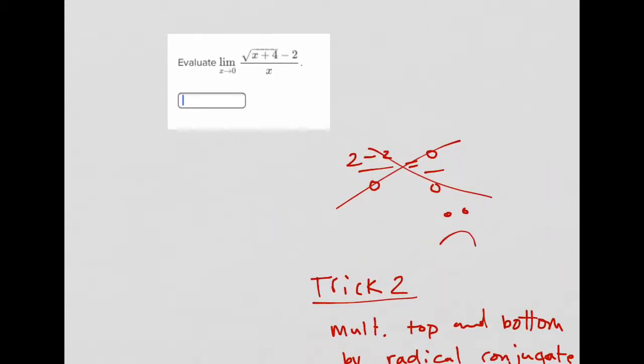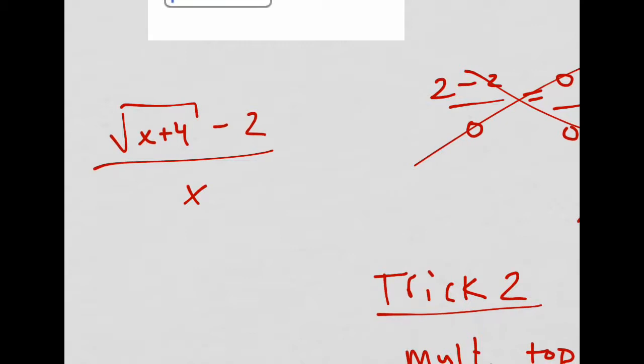Well, I have the square root of x plus 4 minus 2 over x. So here I have a radical, and I can multiply. I'm pretty much rationalizing either the top or the bottom, but I'm going to multiply by the conjugate.